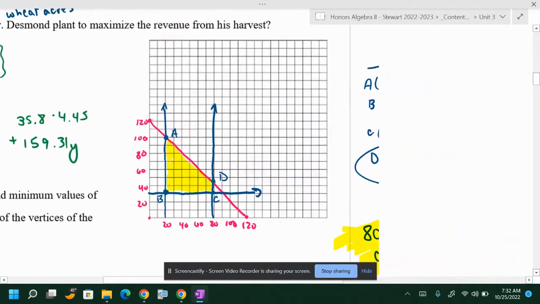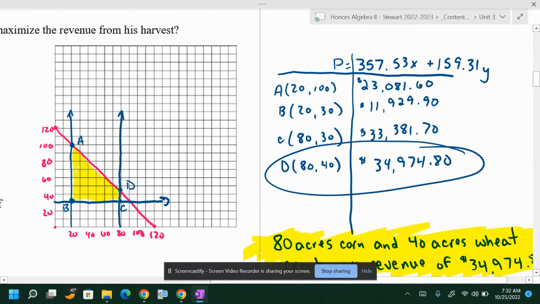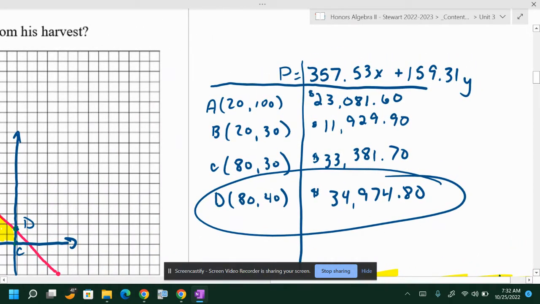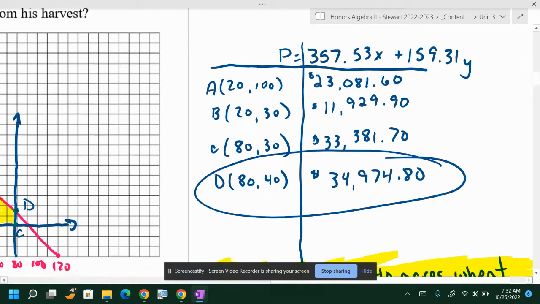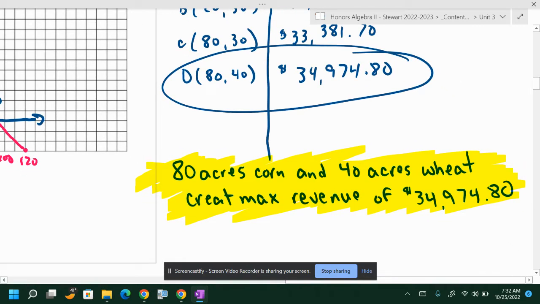So what that shows us is that we want to take those corner points and plug them specifically into the profit function. We take a look at all those numbers that we plugged in, and we end up with (80, 40) being our highest max profit, which essentially means that 80 acres of corn and 40 acres of wheat create the max revenue of $34,974.80.